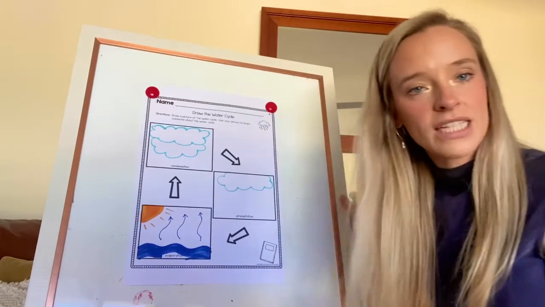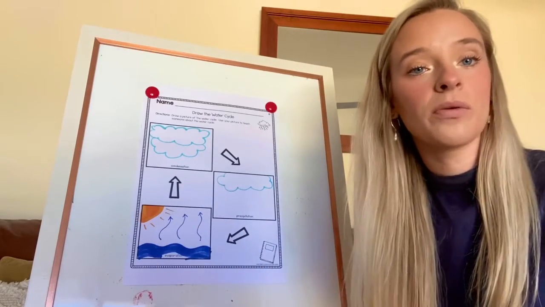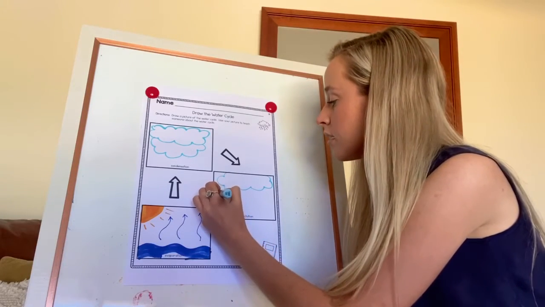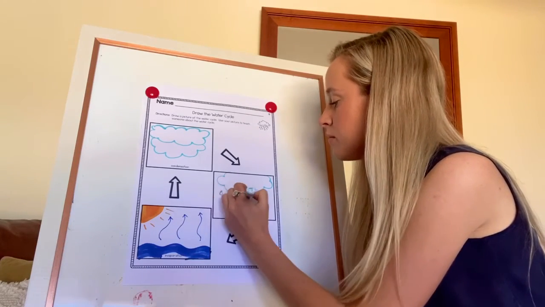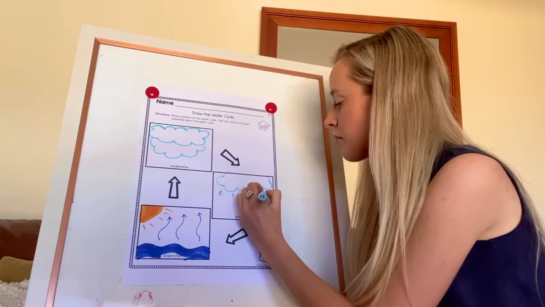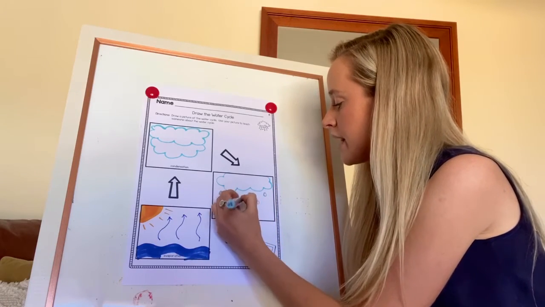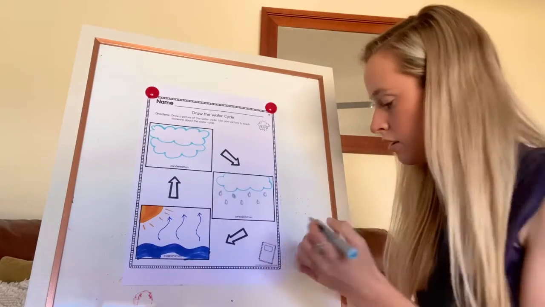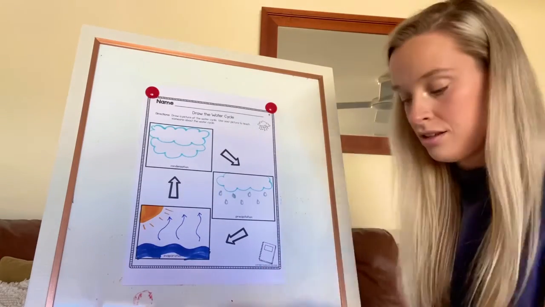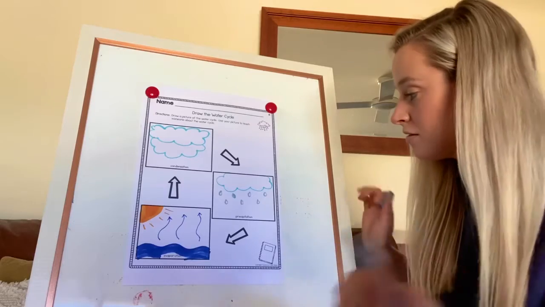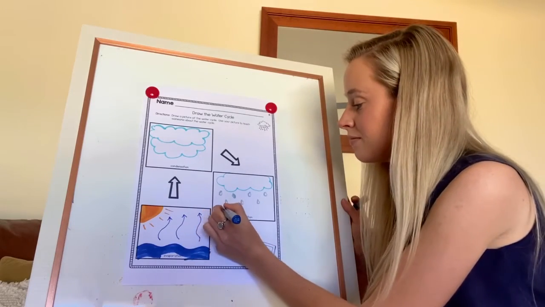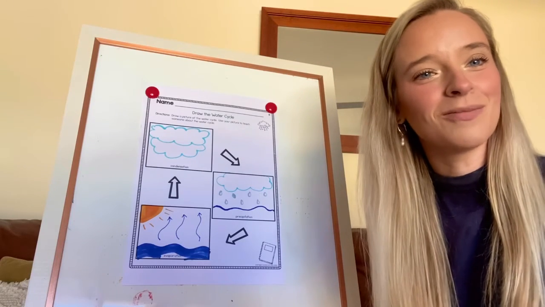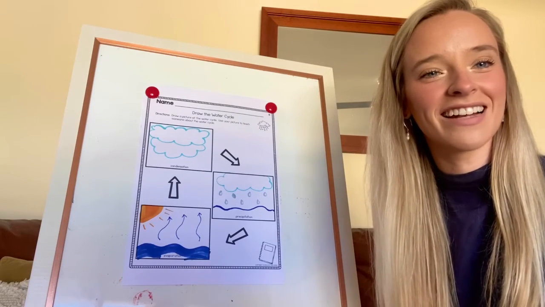And it can fall down as either rain, snow or sleet, so it's up to you. You can draw whichever you would like. I'm going to draw raindrops. There we go. So that one's precipitation. It falls back down to the earth and back into our body of water for the cycle to start again. Beautiful. See if you can have a go at that. Thanks, guys.